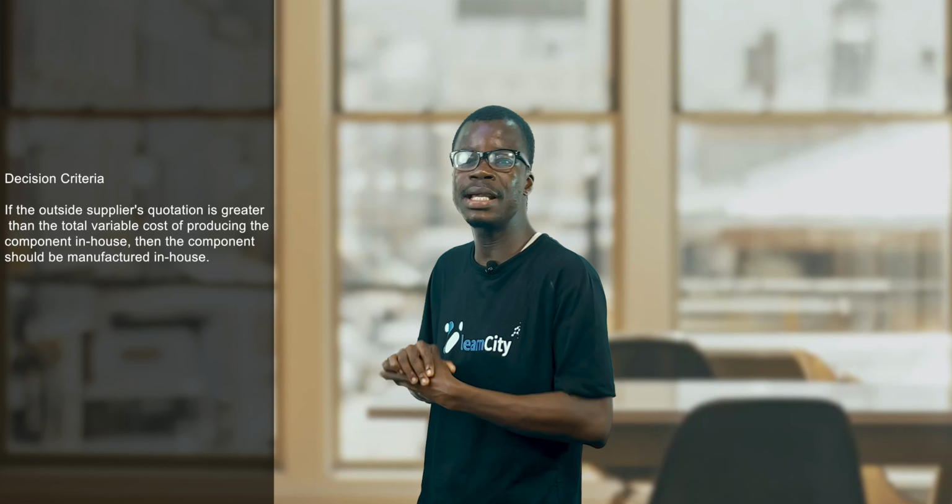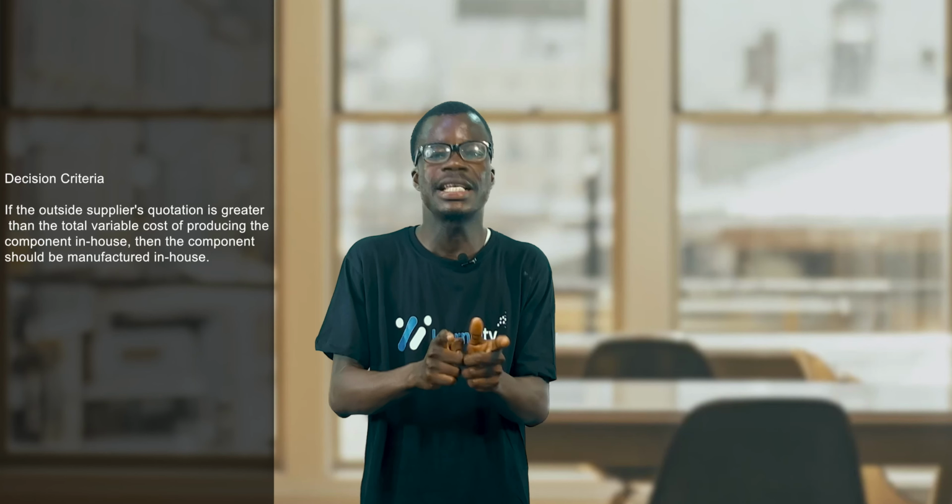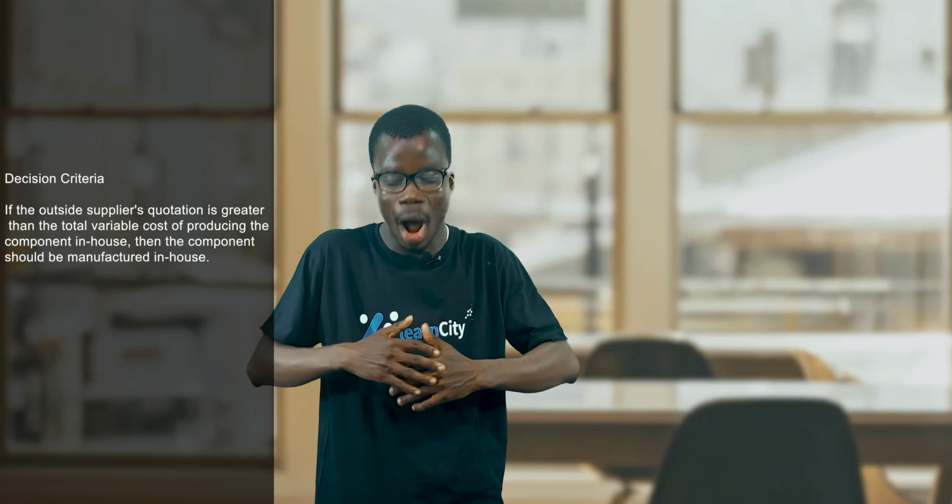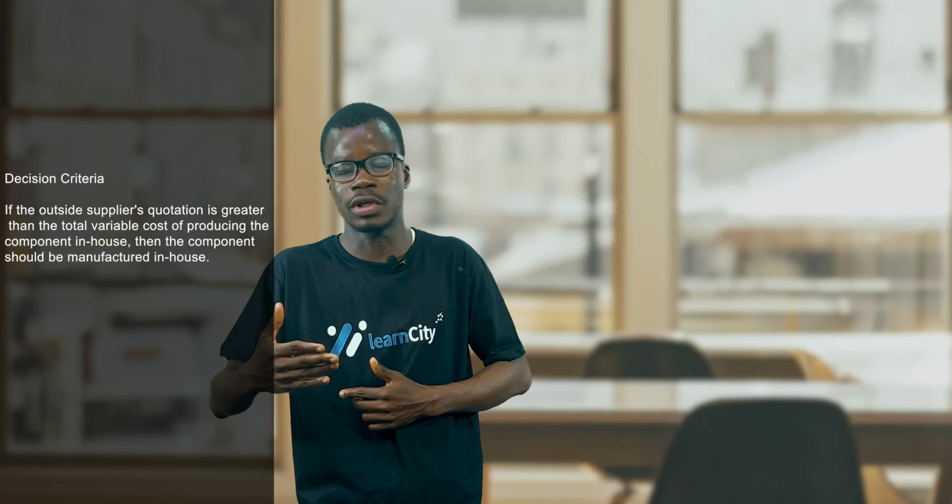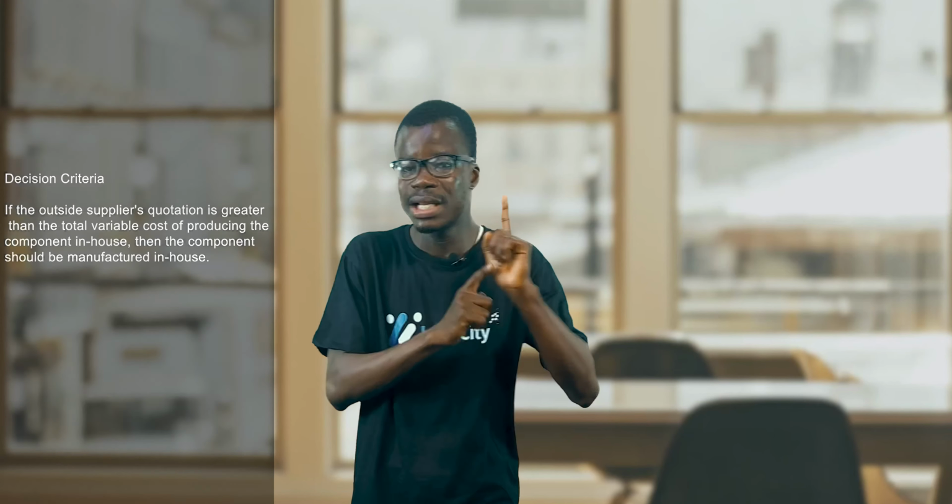Now, the criteria stipulate that if this supplier's quotation is less than our own total variable cost, that is the incremental cost that we are going to incur, note that it does not include the fixed cost. Rather, it is the total variable cost that we are going to incur as a result of making this component in-house. Then it's rational that we should outsource to this external supplier, as we'll be able to save some cost.